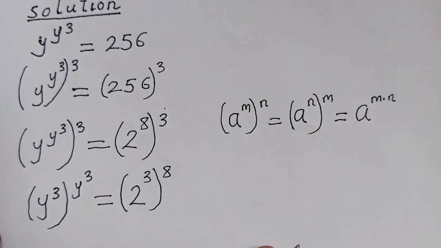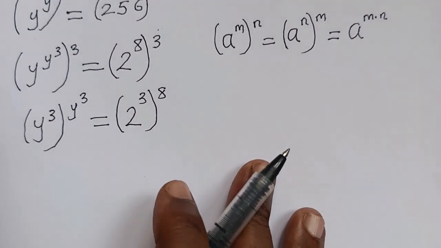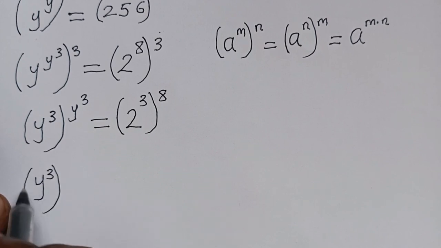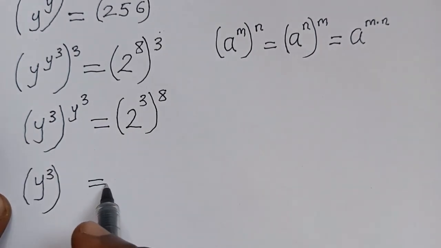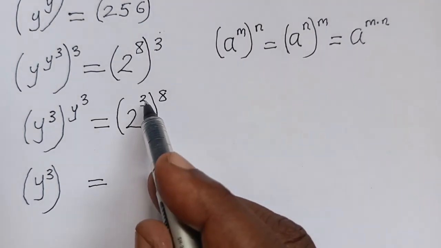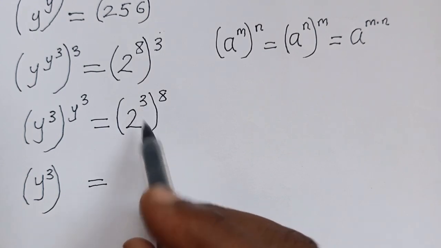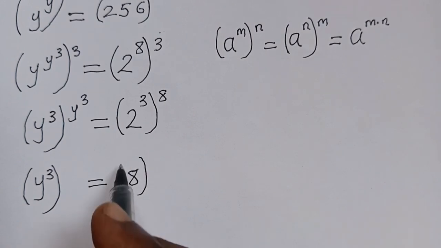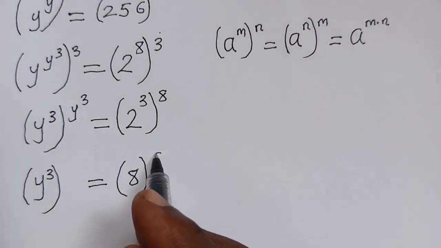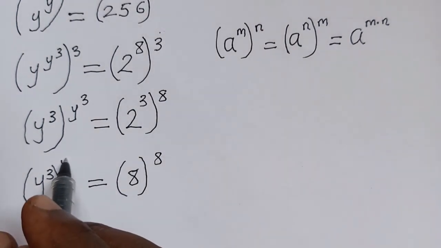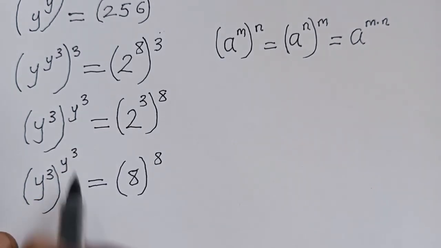So we have y raised to 3 in the bracket equals, we know 2 raised to power 3, the answer is 8. So here we write 8 in the bracket raised to power 8.